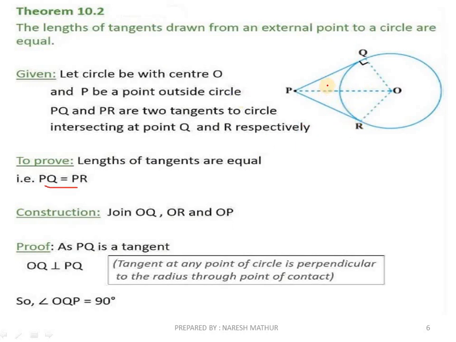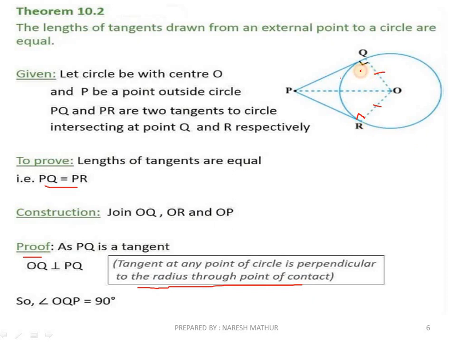Alright, now just consider these two triangles as a proof: OQP and ORP. See here, OQ equals OR because of the radii of the same circle. OP equals OP as a common side, and angle OQP equals angle ORP because the tangent at any point of a circle is perpendicular to the radius through the point of contact, as we have discussed in theorem 10.1.